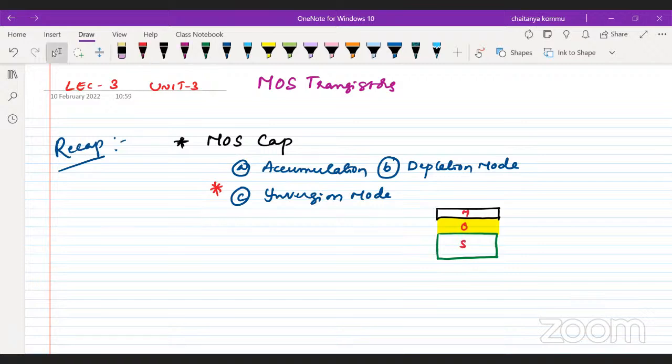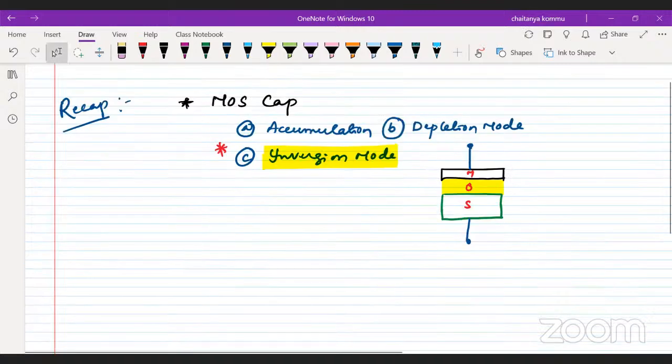By applying some potential difference between these two plates, the upper plate being metal and the bottom plate being semiconductor, we can see these modes of operation of the MOS capacitor. If you want to understand the MOSFET operation thoroughly, the inversion mode of operation is very important for us. That's what we have understood from the previous class.